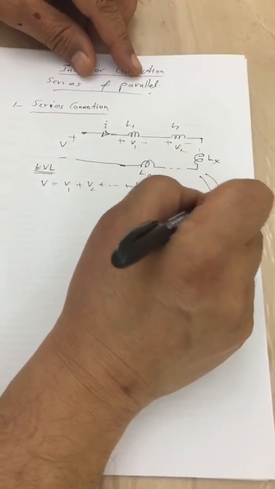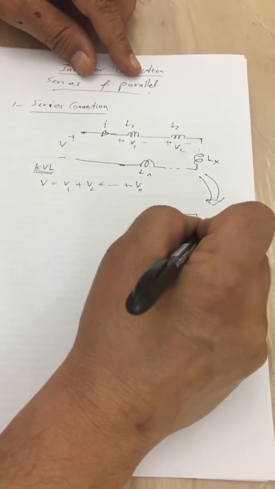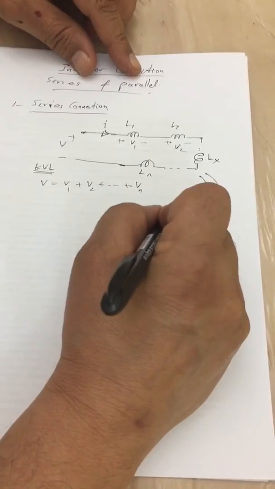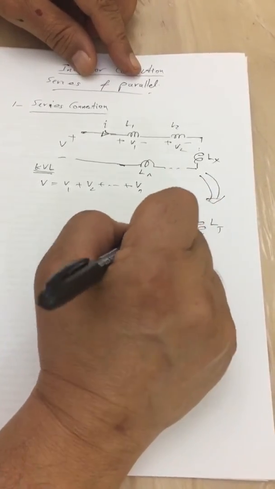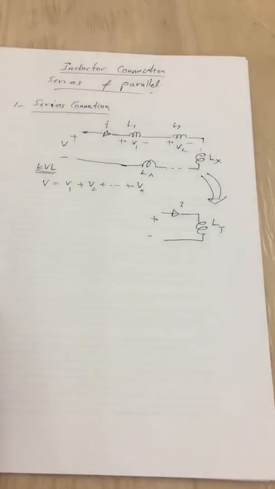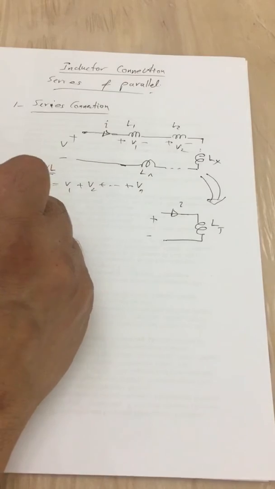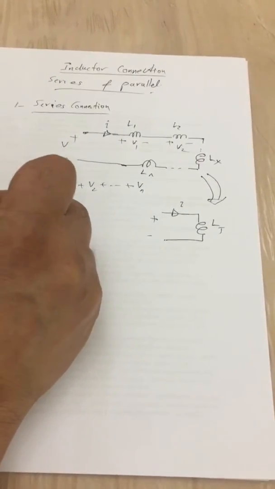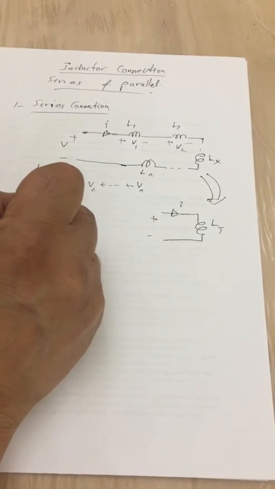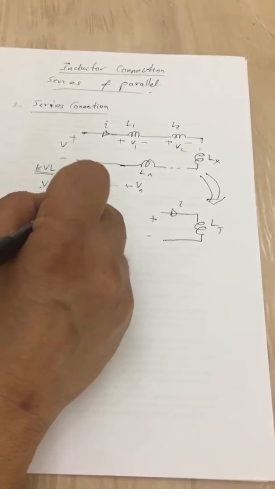Now we transform this to a total inductance, L total, where we have I passing through that inductor. V is equal to L total di per dt. Similarly, it equals V1, which is L1 di per dt.